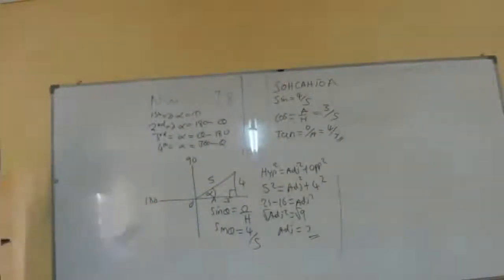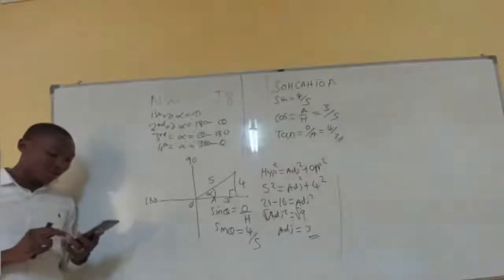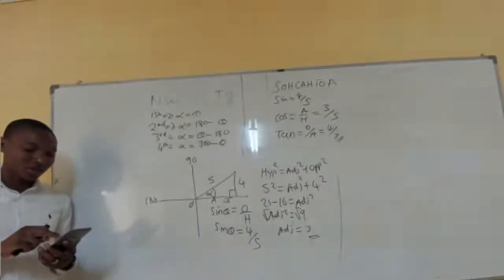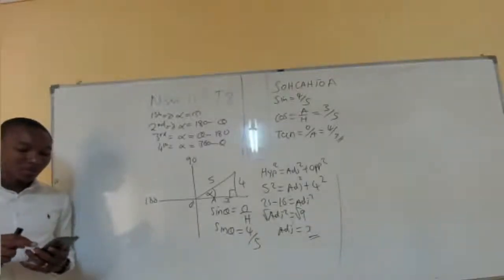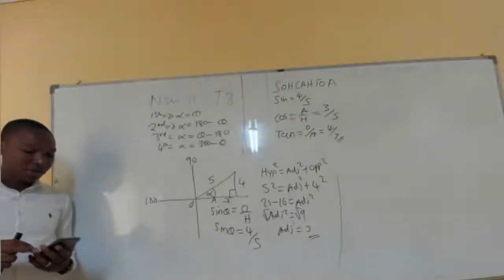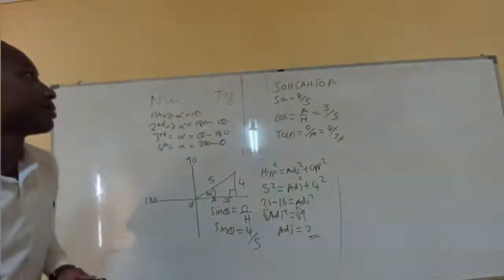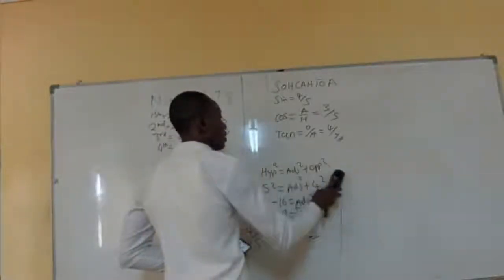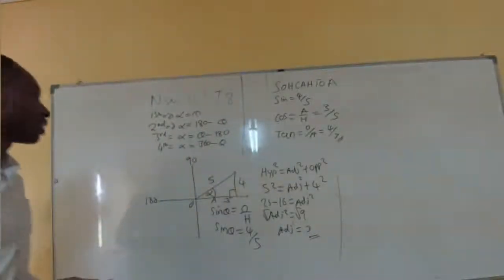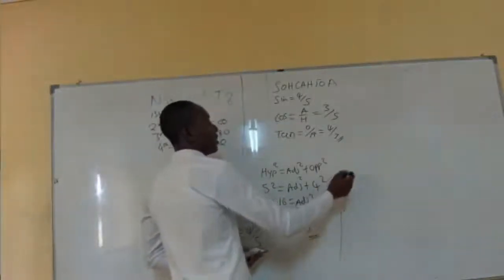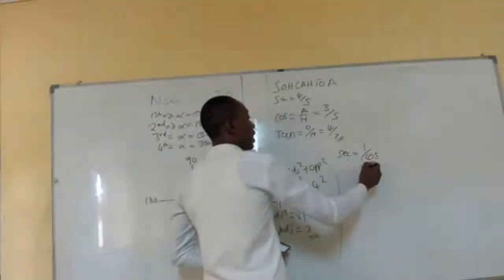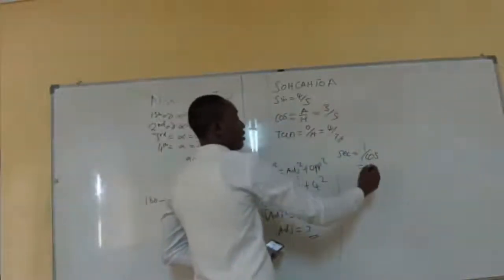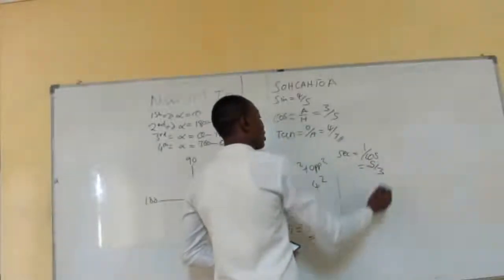But the basic trigonometric identities do not end there. Which other ones do we have? Let me write them here. Sec is 1 over cos. Cos is 3 over 5, so this is 5 over 3.